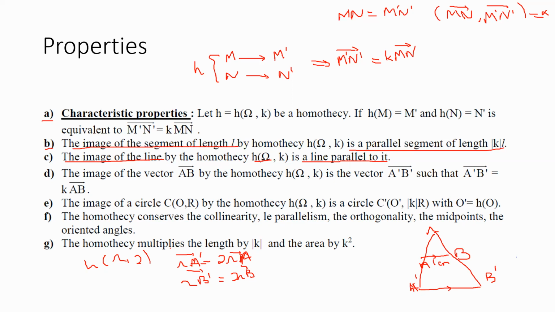The image of the line AB is the line A prime B prime, parallel to AB. So the image of a line is a line parallel to it. Whereas in a rotation, the image of a line is a line making an angle alpha with the given line. Yes.